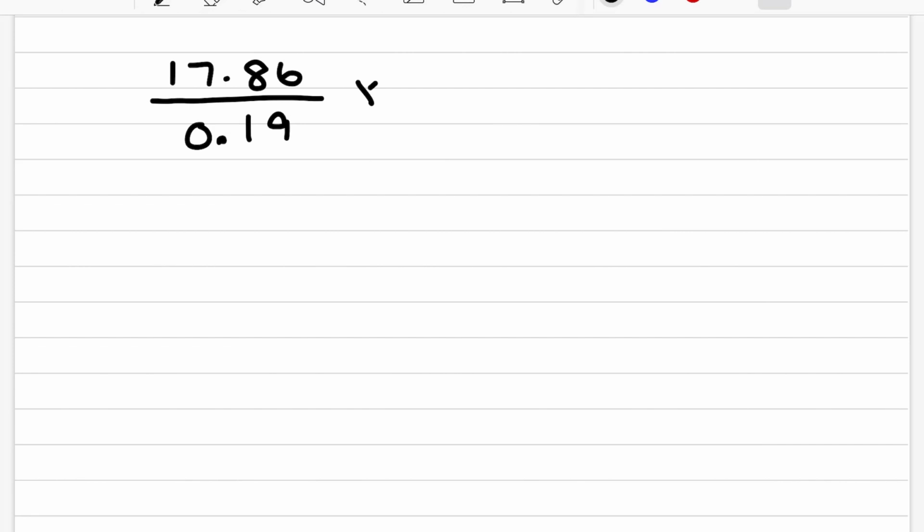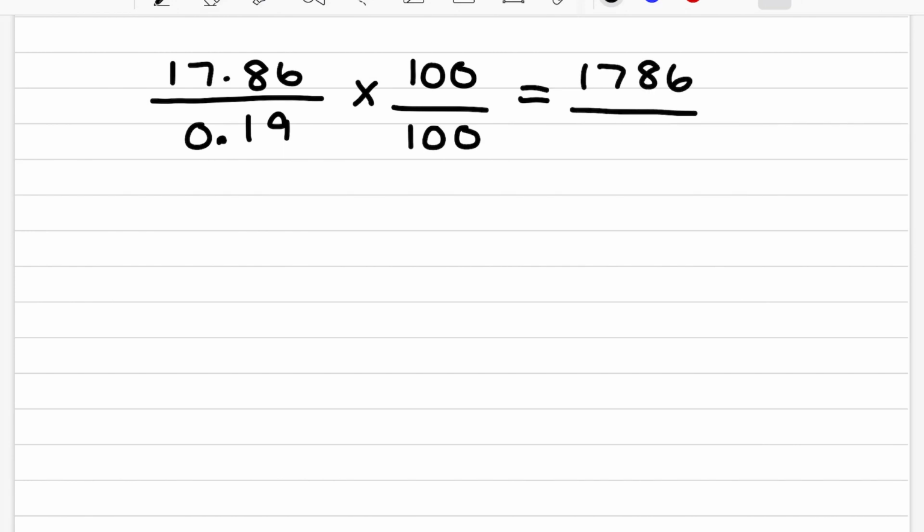If we multiply the top by 100 and the bottom by 100, that's like multiplying by 100 over 100, which is essentially 1. We can multiply everything by 1, it doesn't make a difference. But it's helpful because then we get 1,786 divided by 19. We can forget about the decimals, the answer is going to be the same no matter what, because again, this multiplication that we're doing doesn't change the problem.